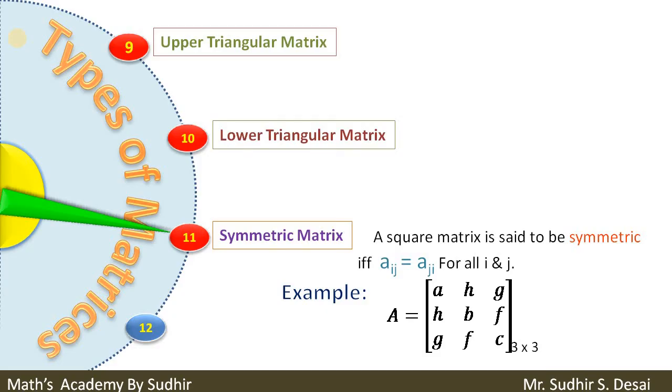Now how to check this condition Aij is equal to Aji for all i and j? I'll take first, look here, A12. What is the opposite of it?